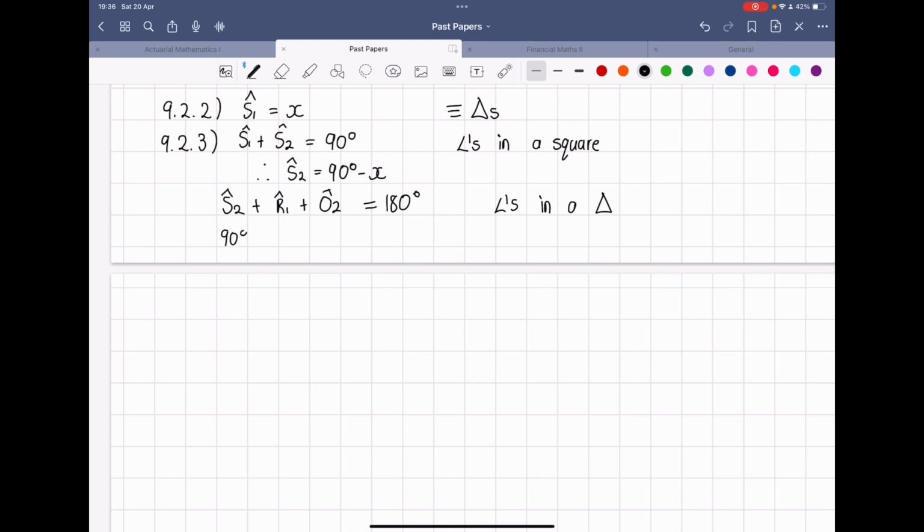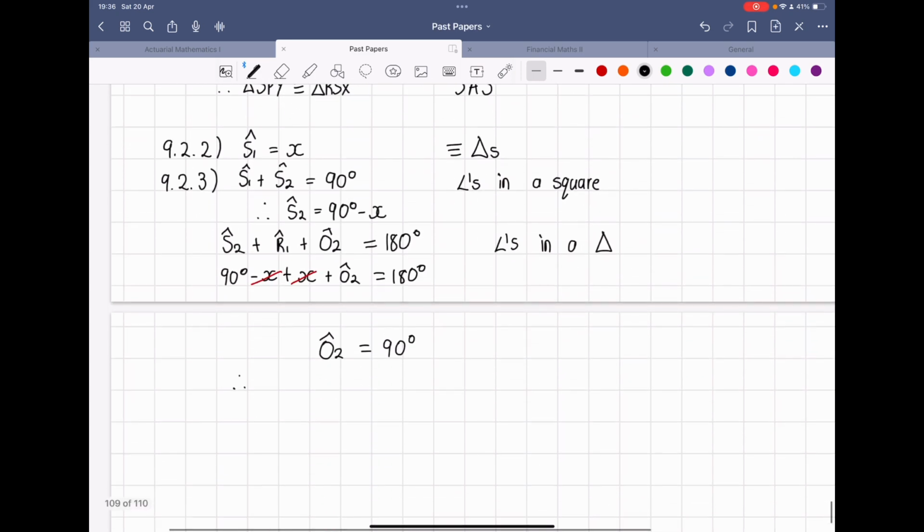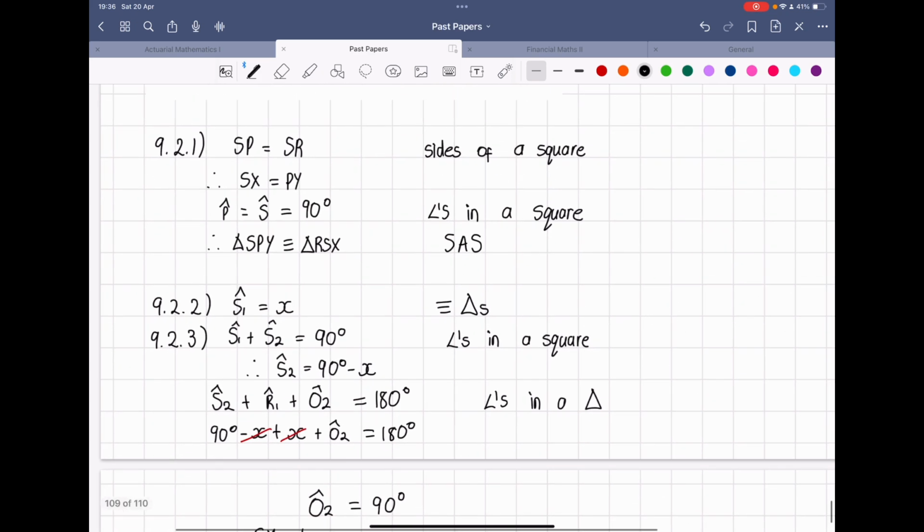So S2 is 90 minus X, and R1 is X, and O2, I don't know, equals 180 degrees. So this X cancels out with this X, and I'm going to take the 90 over to the other side, where it becomes negative 90, and so O2 is equal to 180 degrees minus 90, which is 90 degrees, and therefore these two lines SY perpendicular to RX.